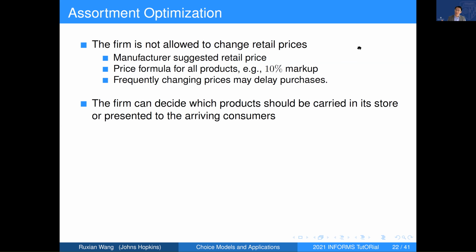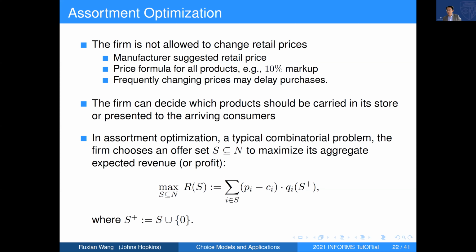They will wait for cheaper prices in the near future. But still, the firm can make some operations decisions. Here, the firm can decide which products should be carried in its store or presented to arriving consumers. And then we can have the formulation for assortment optimization as a typical combinatorial program. The firm chooses an offer set S to maximize its aggregate expected revenue.